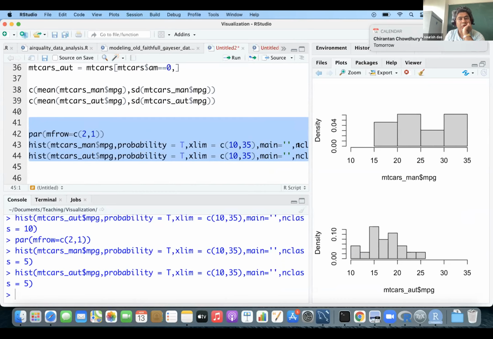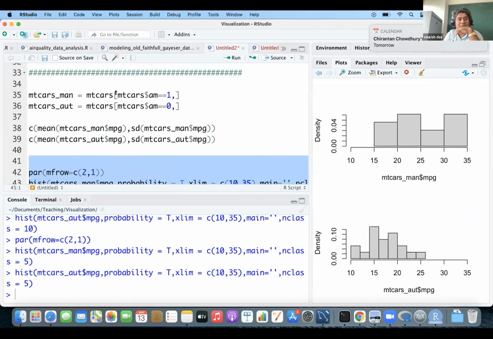The question is, can we model it somehow? How can we model it? Right now, these two histograms are sitting separately because we are creating two sub data sets, one for the manual transmission and another for the automatic transmission.